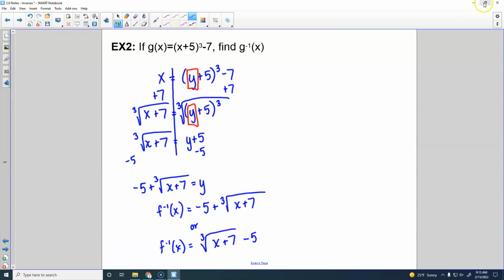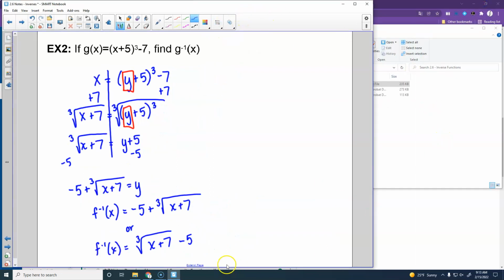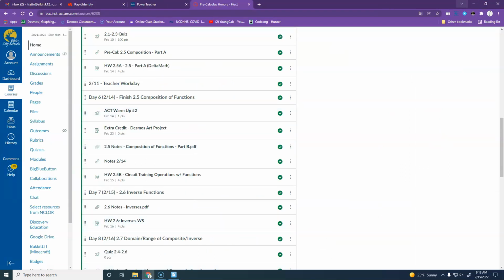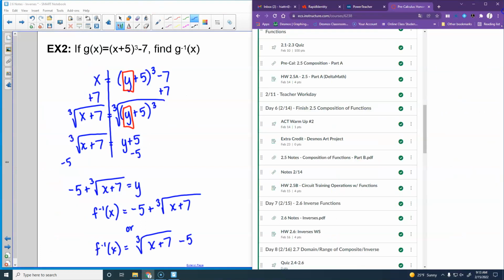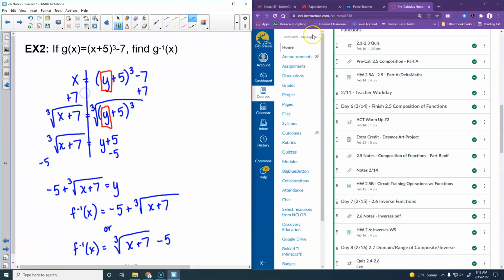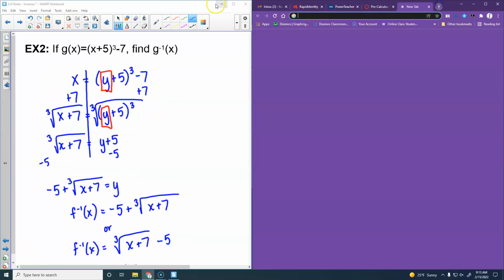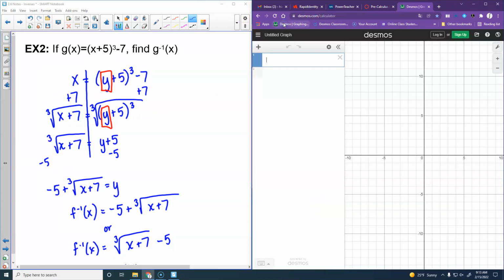Now, tomorrow you are not going to have Desmos, but I'm just going to show you this trick for when you do. This is also if you get some inverse questions on ACT, this is also a trick I want to show you. Desmos is practically cheating whenever it comes to some of this stuff. This is why I'm not letting you use Desmos tomorrow.